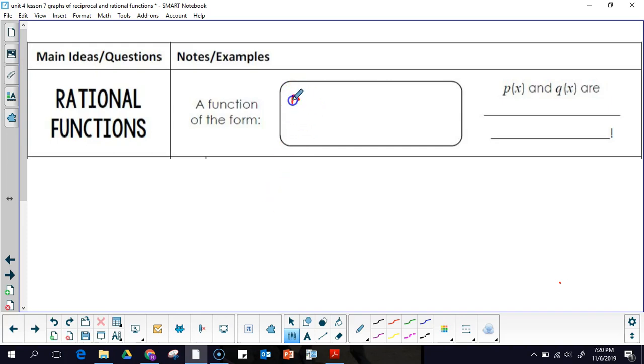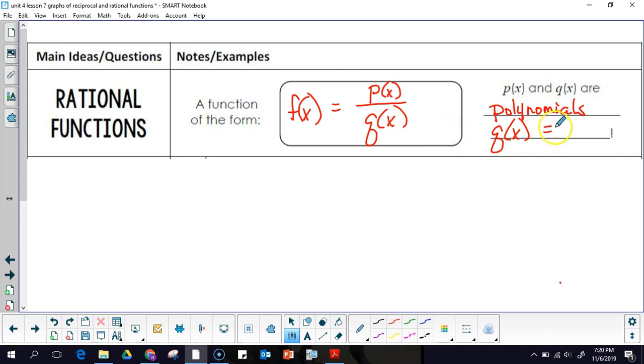So we would write this f of x equals p of x over q of x, where p of x and q of x are polynomials. And then q of x cannot equal 0, because you can't divide by 0. Dividing by 0 is undefined.